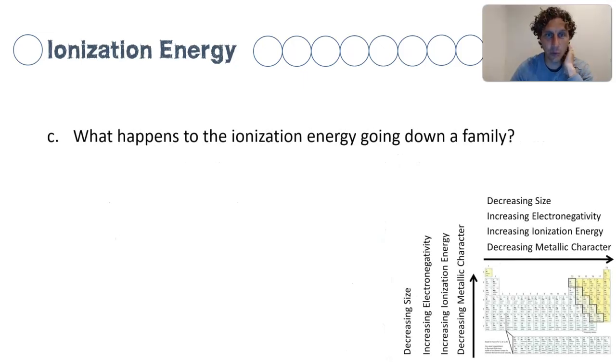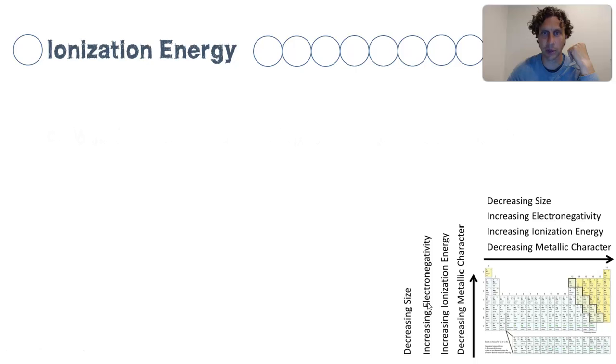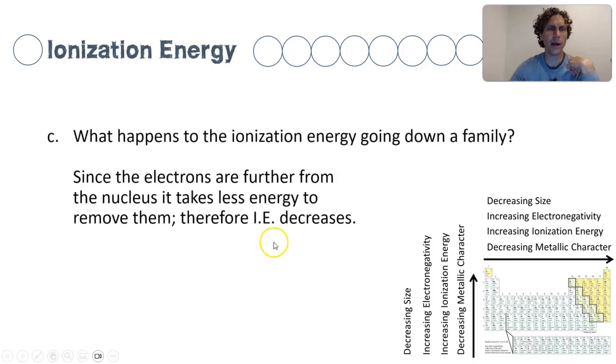Okay, C, what happens to the ionization energy going down a family? Now, we've got this. It increases as you go up a family, so it must decrease as you go down a family. But why? Well, think of our last answer. Since the electrons are further from the nucleus, it takes less energy to remove them. Therefore, ionization energy decreases.